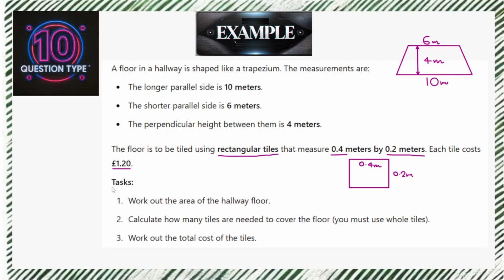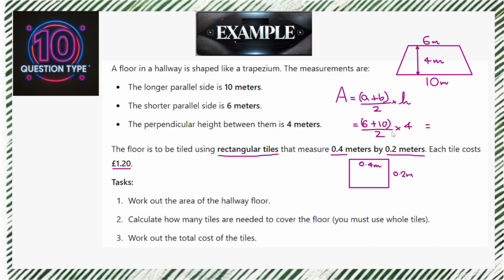Now the first question is work out the area of the hallway floor. To find the area of a trapezium, we have this formula: (a + b) divided by 2, multiplied by the perpendicular height. So let's plug the values in. 6 and 10, these are the two parallel sides, divided by 2, multiplied by the perpendicular height, which is 4.